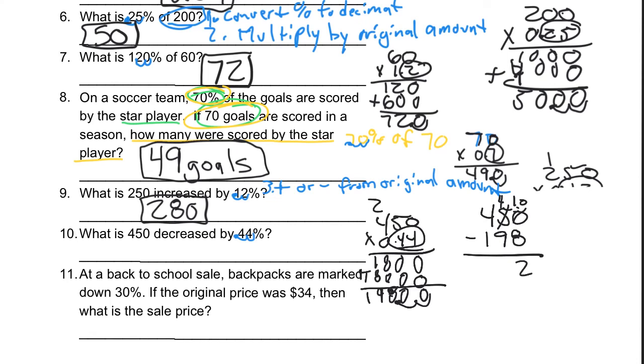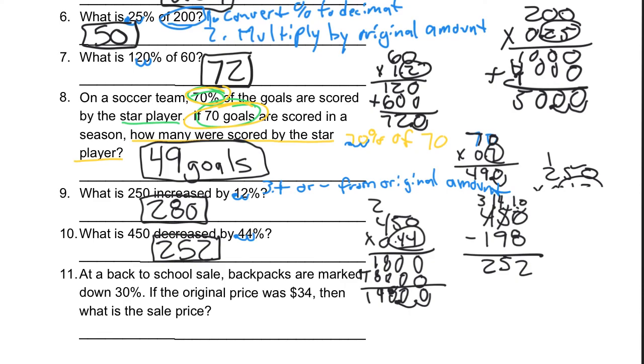Oh, I'm going to have to borrow again. All right. So I borrow here. I get a 3. Now it becomes 14. 14 minus 9 is 5. All right. 3 minus 1 is 2. I now have 252. That was the final step. So 450 decreased by 44% is 252.